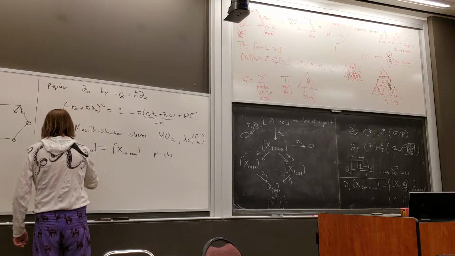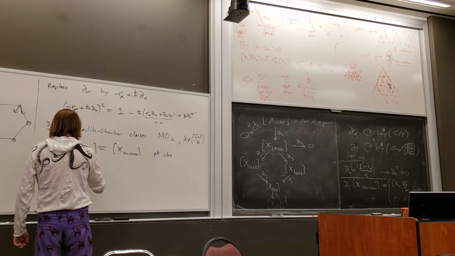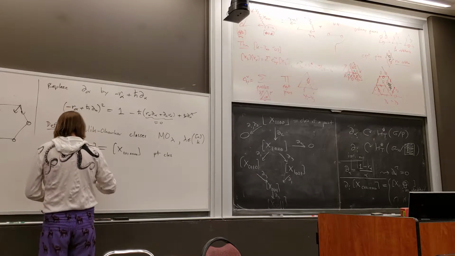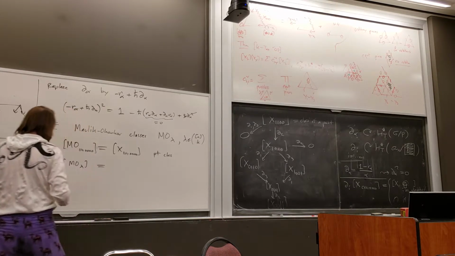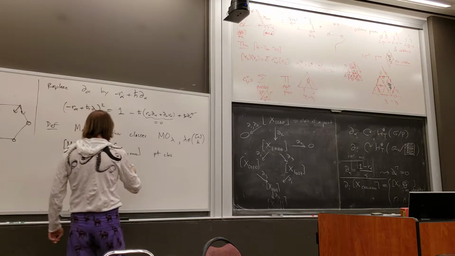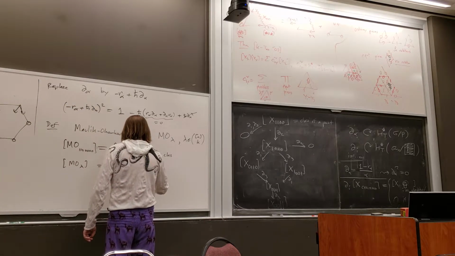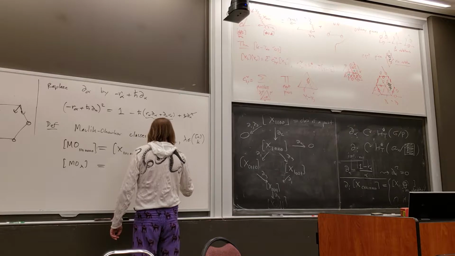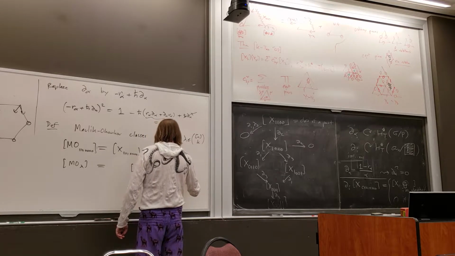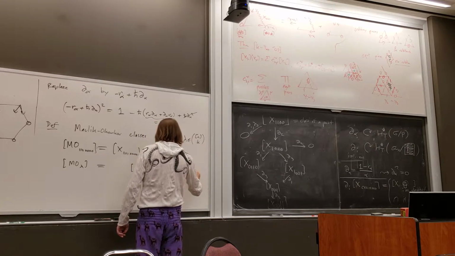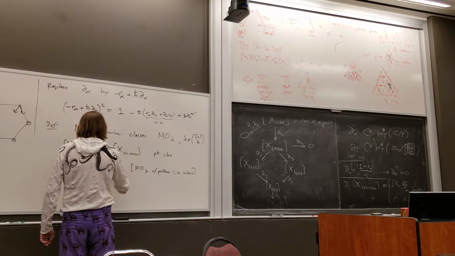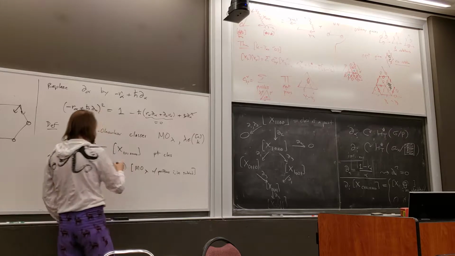I define MO lambda with a recurrence: MO lambda should be MO lambda with positions i and i plus 1 switched, where I apply minus Ri plus h bar partial i.